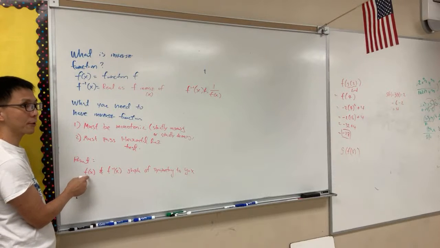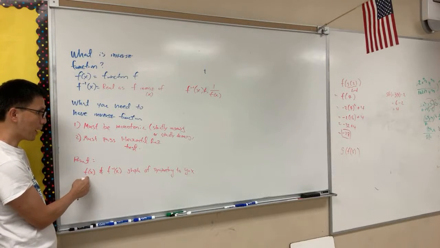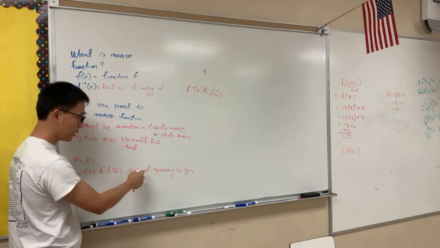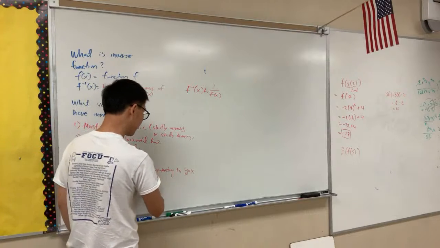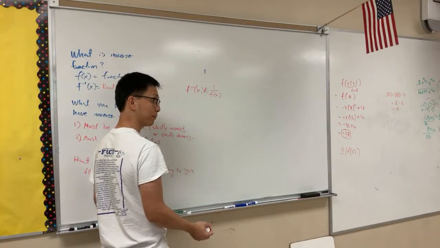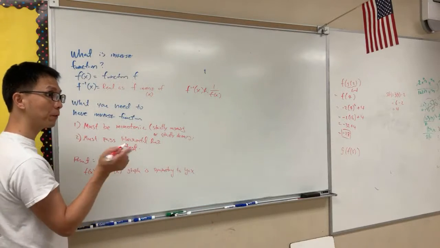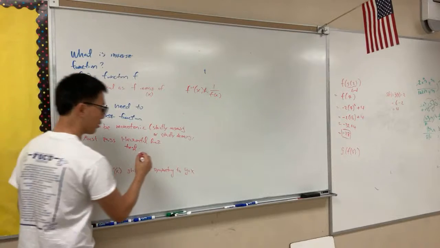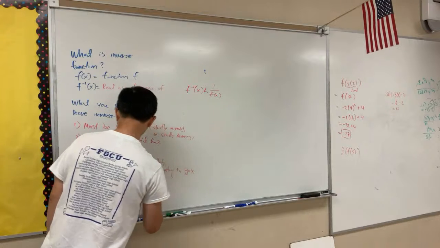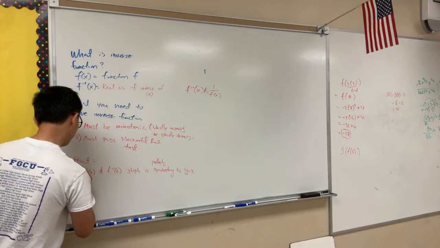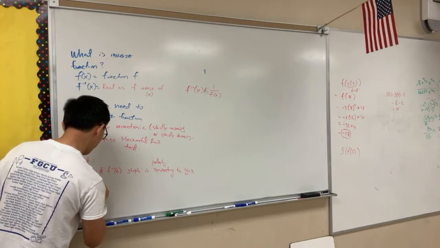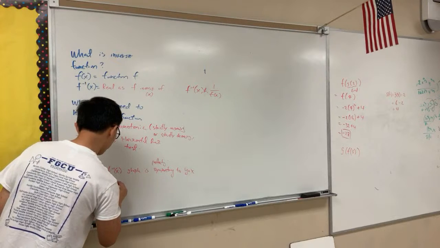So they're reflected across y equal to x. Okay, so it's also reflecting. And the second result is that the x and y values are going to swap.